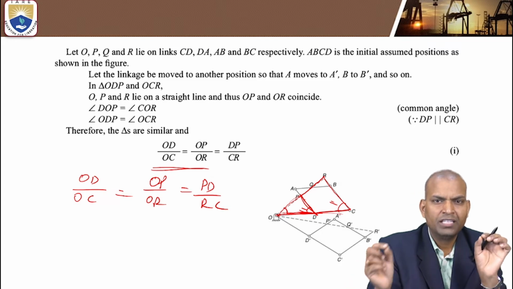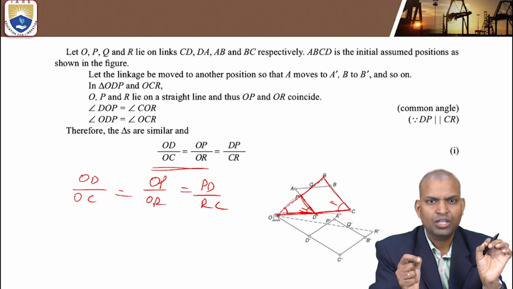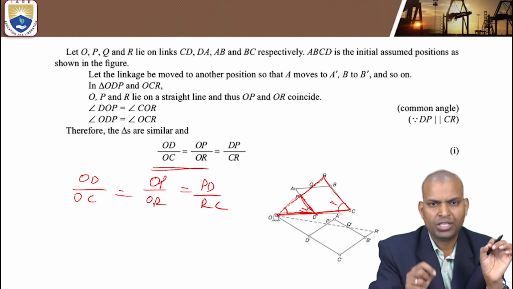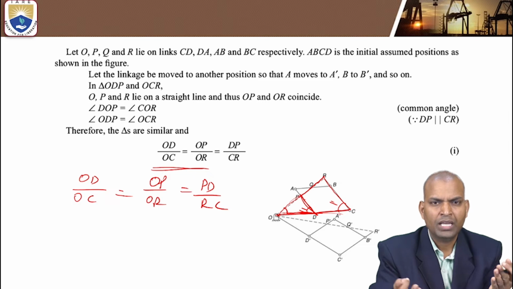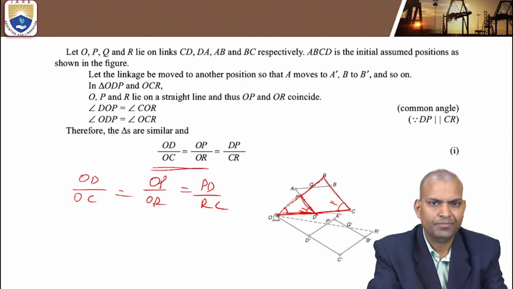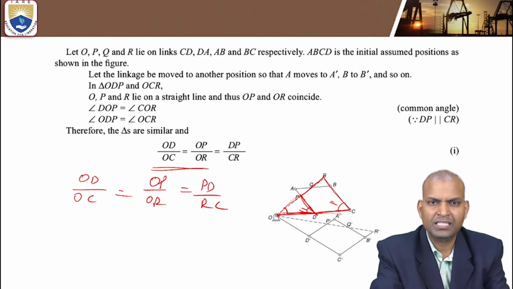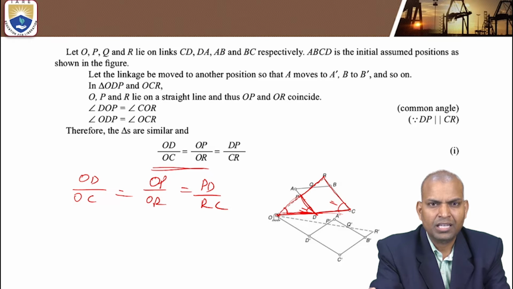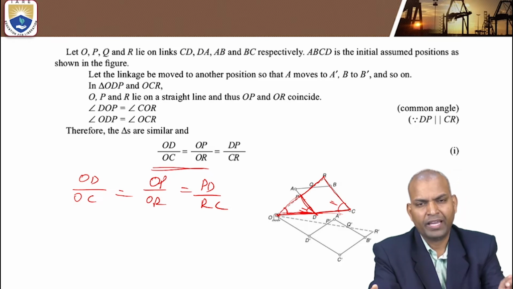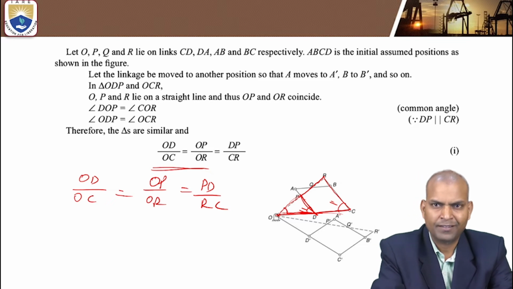So, when the triangles are similar, from any position or another position, the ratio remains the same. When the ratio remains the same, the distances remain the same. Because the ratios are the same in the initial position, in the final position also it remains the same. That is the concept of pantograph.